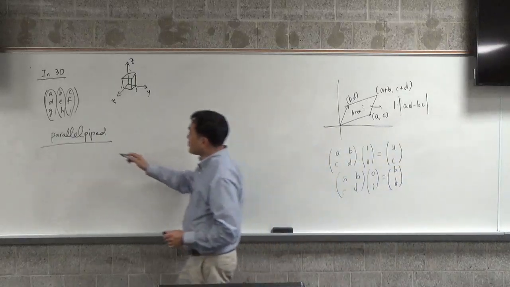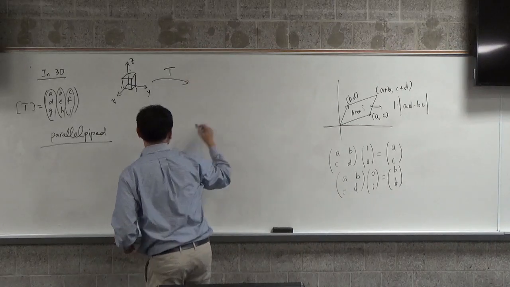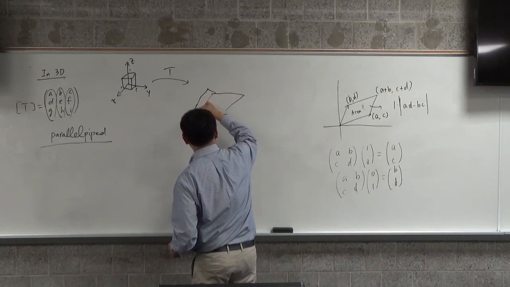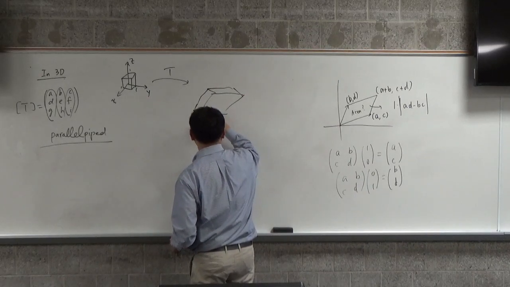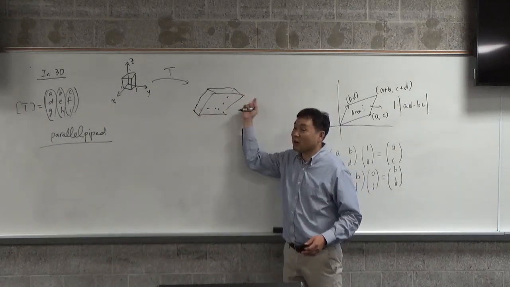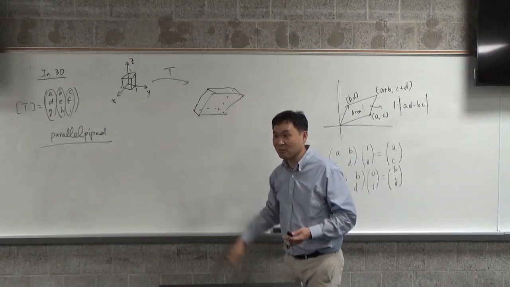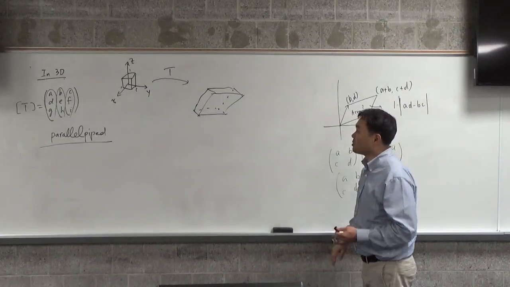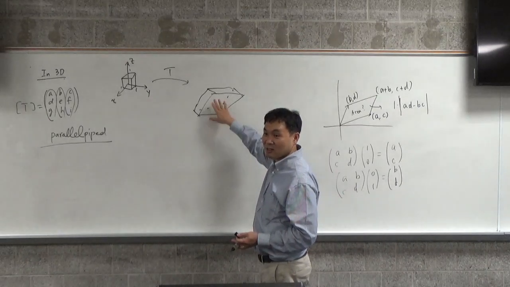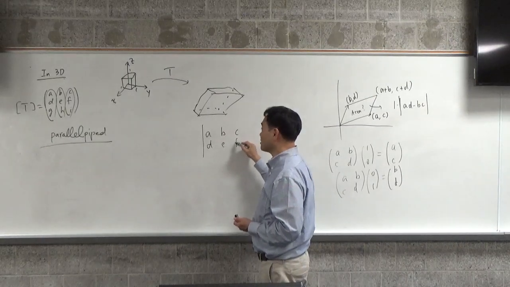So if I say this transformation is T, then under this operation T, you end up with a parallelepiped, where every edge has 3 other parallel edges. So that's called a parallelepiped. And the volume of this object is given by what? The determinant of these 3 vectors.